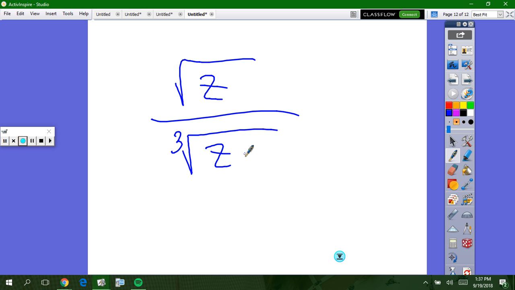What is z underneath the square root as a power? 1/2, that first on the top. Now the bottom would be what? 1/3. Correct? Yes, no? Now, because now they're just like bases with powers, can I move on? I can. Because now I'm just like bases, I'm good to go, right?